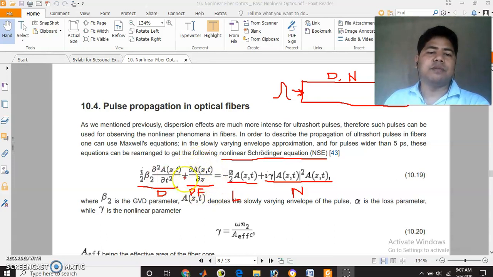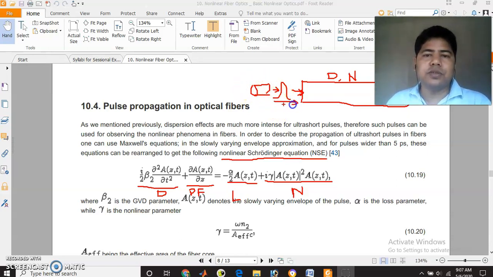The second part is the pulse form. Pulse form means, say for example, this is the beam of this laser, which is going to propagate. So there will be a spatial distribution of this pulse.